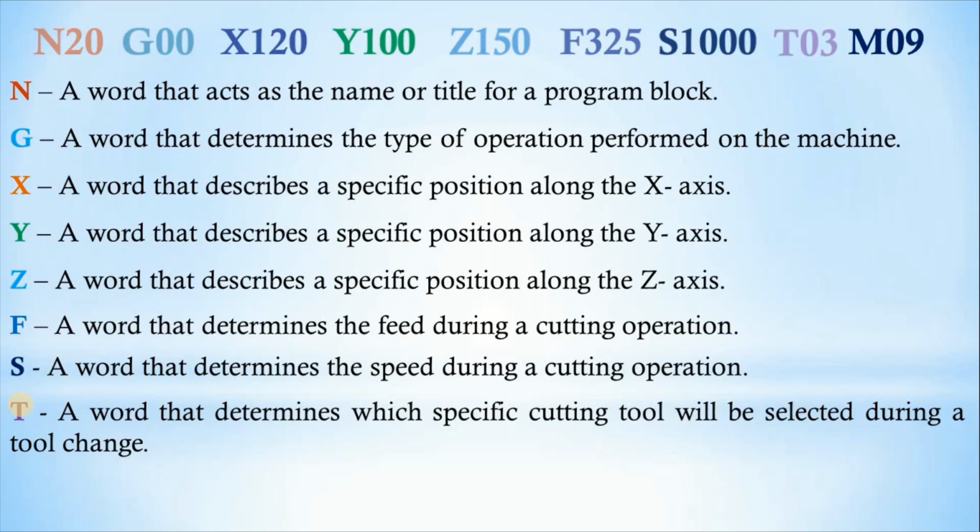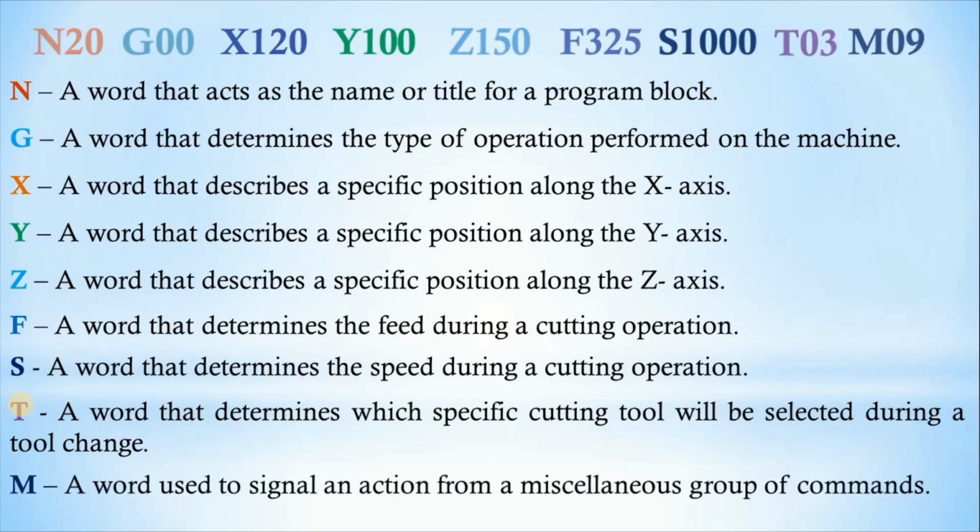For that, at the automatic tool changer, the tools are specified by numbers. So whichever tool number we require, the T and the number calls that tool, which can perform that specific operation. So this is the T word, which determines which specific cutting tool will be selected during a tool change.